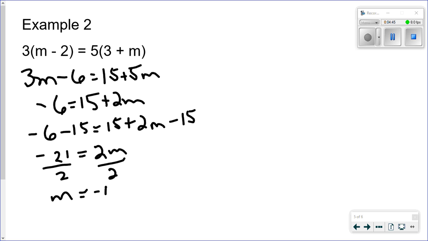Oh, what is it? -10.5. Notice I flopped it around. My M was on the left and I moved it to the right. That's okay. There's no problem with doing that. And for those of you who don't like your variables on the right side, that's how you get around it eventually.